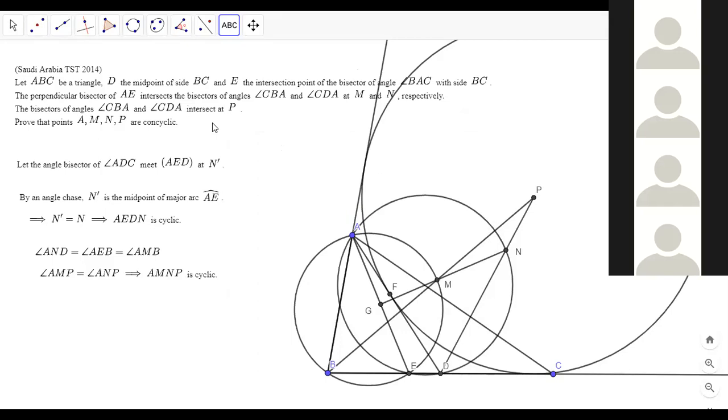For the circle ADE, the outside bisector of ABE cuts the circle at N. So N is the midpoint of arc AB.